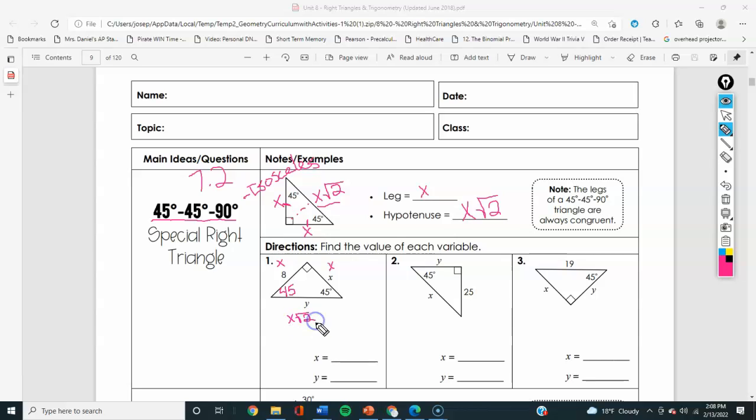When I'm done filling out all my sides, I can go back and see which one's what variable. So right here, my x is 8, so my leg is 8. If this is 8, this leg is also 8. These are both 8. And now this one, I do 8, because that's what x is, times square root 2. And now I go back and say, well, my x was 8 and my y was 8 root 2.